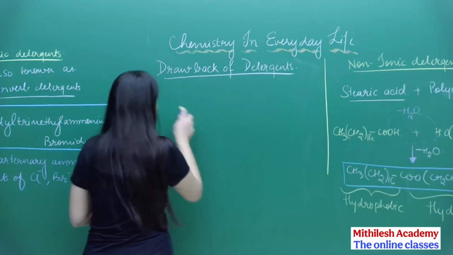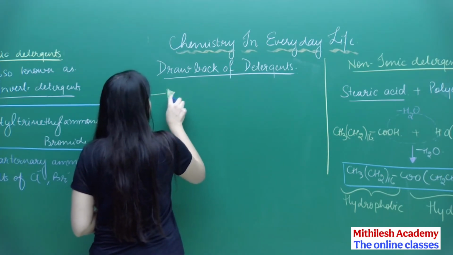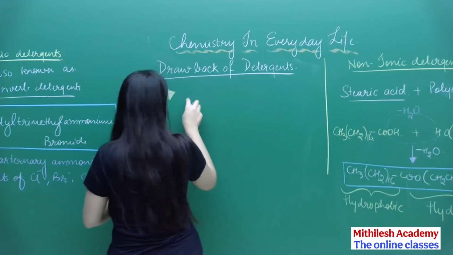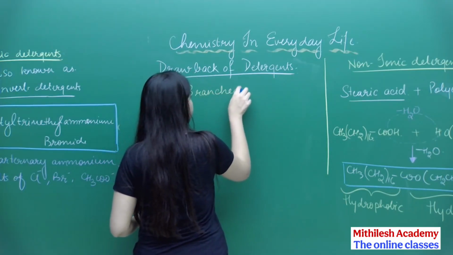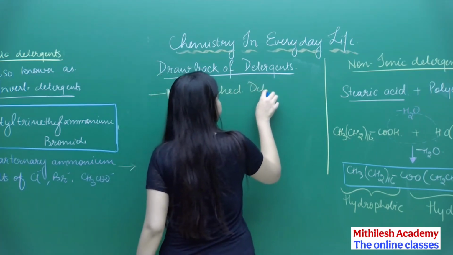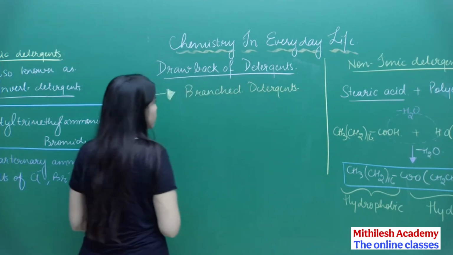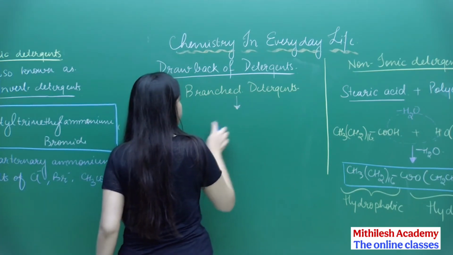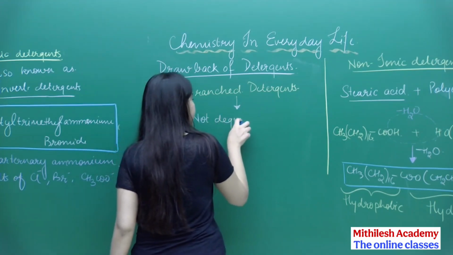Now, let us jot down the points over here why the detergents are harmful to the environment. First of all, they are branched. The branched ones are actually doing what? Not degraded by bacteria.